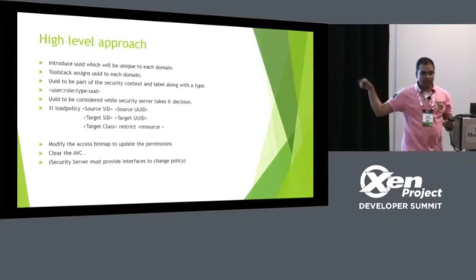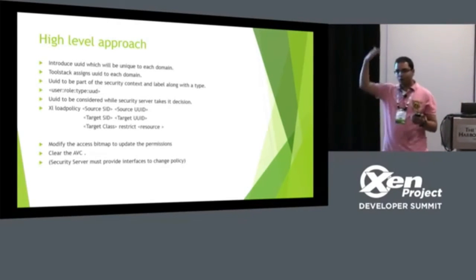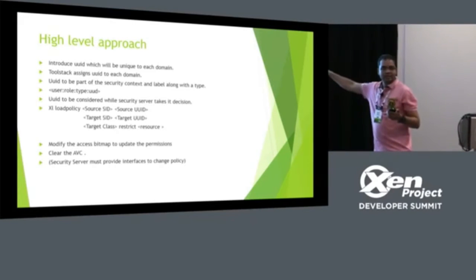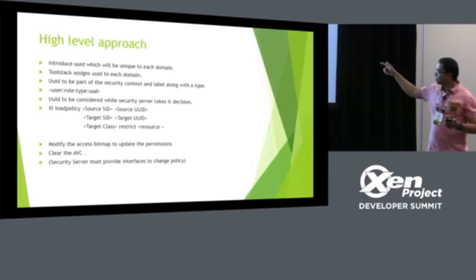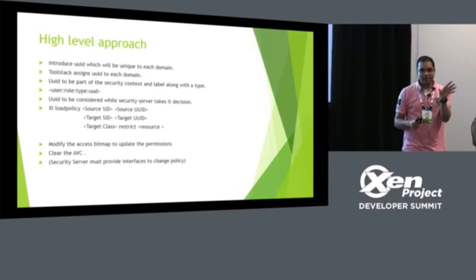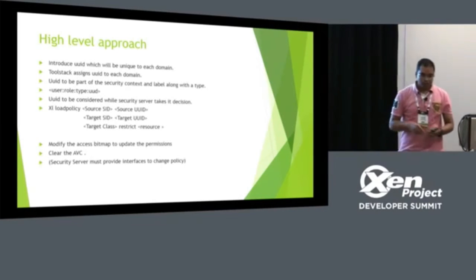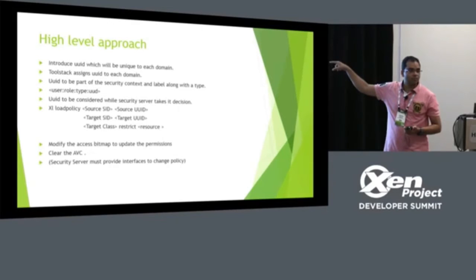So this UUID, or unique identifier, will be a part of the security label, and it will percolate down right to the point where the security server takes its decision. While the security server takes its decision, it has to consider the UUID associated with that domain, and think about whether there is a subset of the umbrella policy specific to that domain or not.